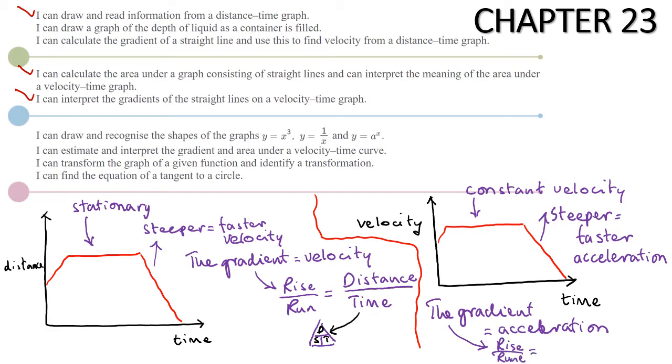In this case the rise is going to be the velocity. It's the run. It'll be the velocity divided by time. So the velocity divided by time gives you the acceleration.